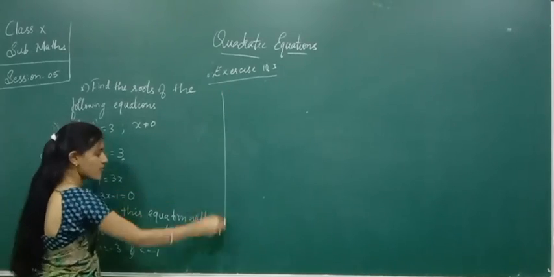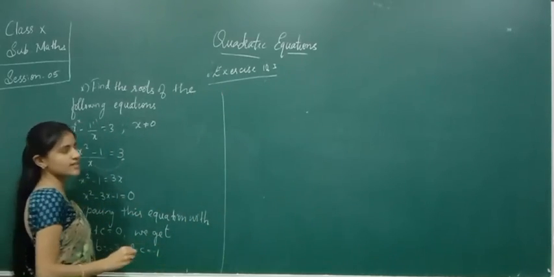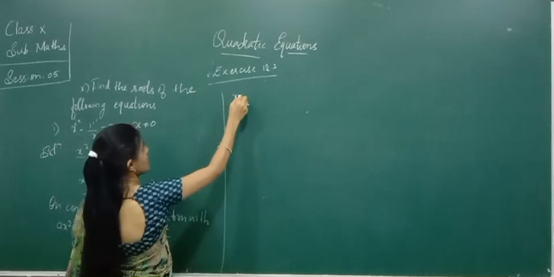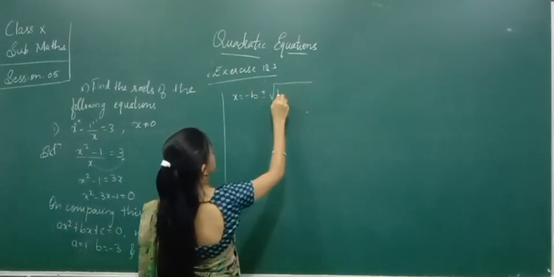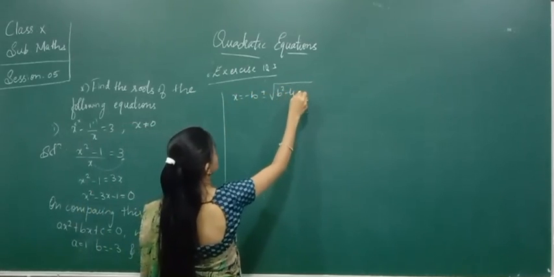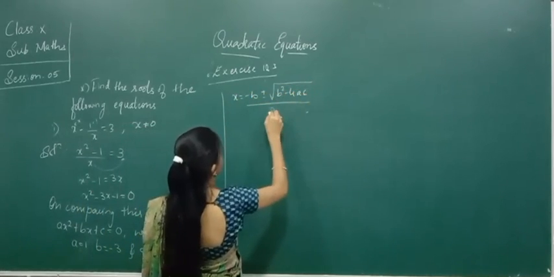Now we have the quadratic formula. What is that quadratic formula? It is x is equal to minus b plus or minus root of b square minus 4ac divided by 2a.